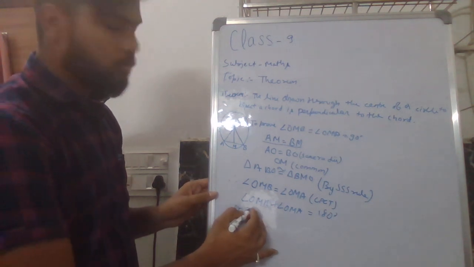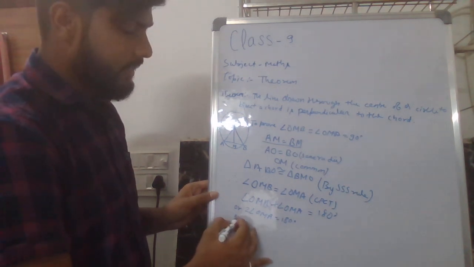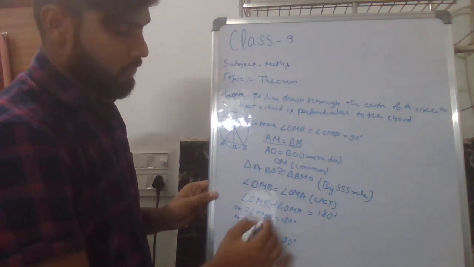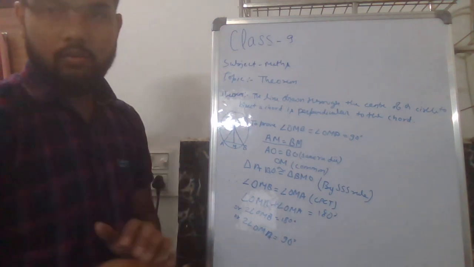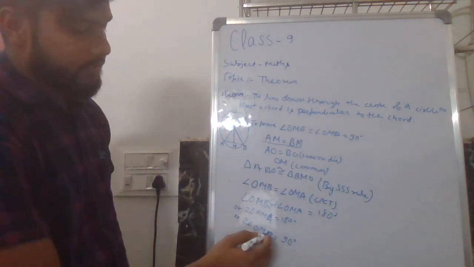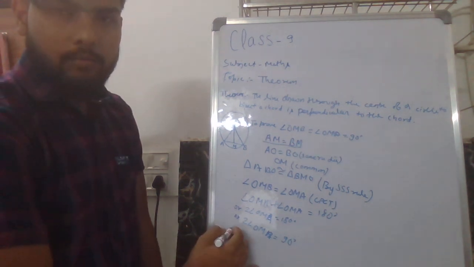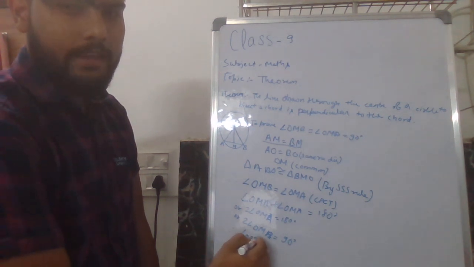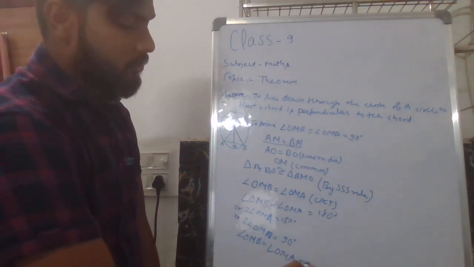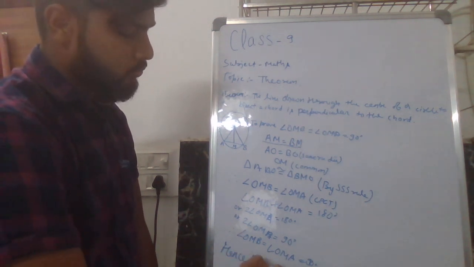Or we can say that two angle OMA is equal to 180 degrees, or two angle OMB is equal to 180 degrees. Therefore angle OMB is equal to angle OMA is equal to 90 degrees. So this theorem is hence proved.